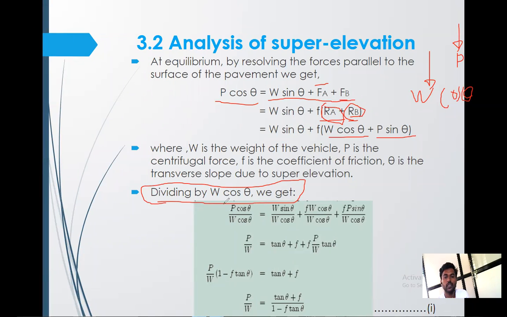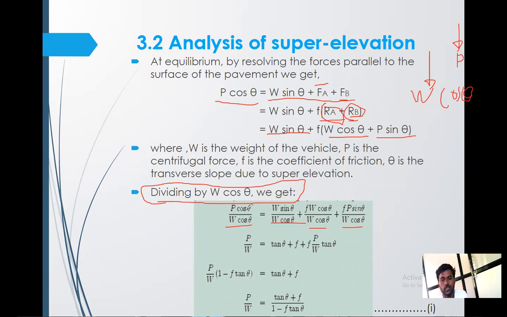So I divide P cos theta by W cos theta, W sin theta divided by W cos theta, F into W cos theta divided by W cos theta, and F into P sin theta divided by W cos theta. On the left side as well as the right side, I have divided the whole equation by W cos theta for simplification only.